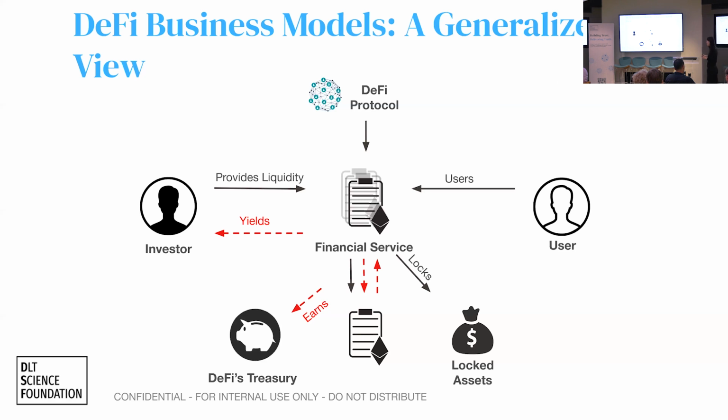The general model is basically that investors or users who interact with DeFi want to make some money. So the investor comes in, and then they deposit some funds or provide liquidity into a smart contract.